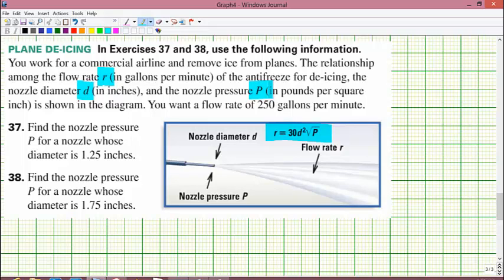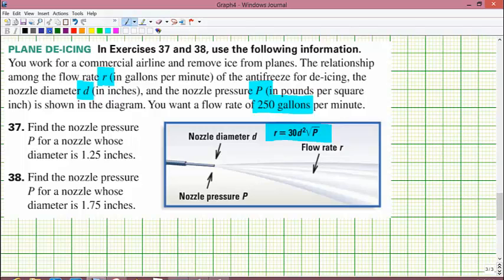You want a flow rate of 250 gallons per minute. All right. Okay, so what we need to do now is essentially substitute the values we've been given into this particular problem.